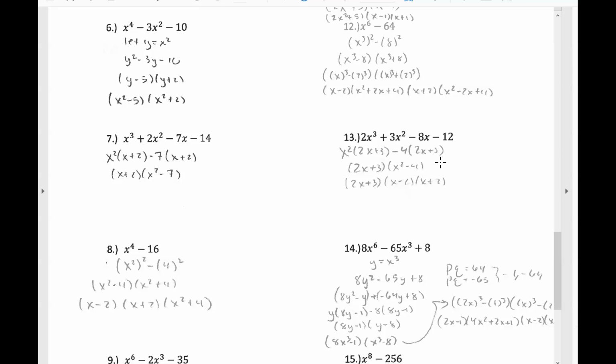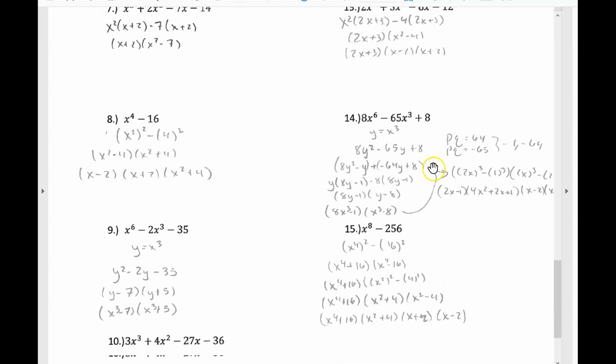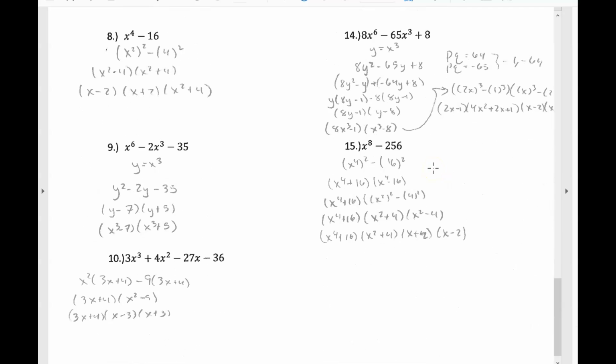Number 8 is x minus 2 times x plus 2 times x squared plus 4. Number 9 is x cubed minus 7 times x cubed plus 5. Number 10, 3x plus 4 times x minus 3 times x plus 3.